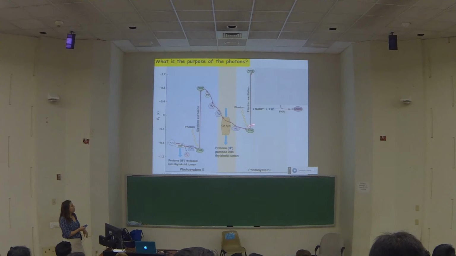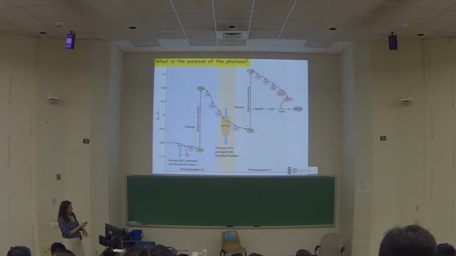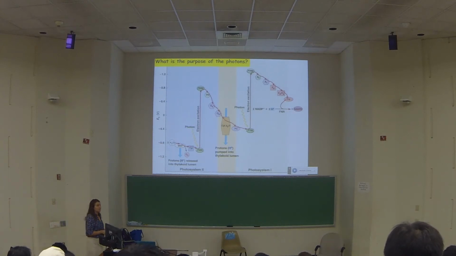In photosystem 1, they pick up more energy from another photon of light to excite those electrons again. Then they're passed through a series of proteins and finally picked up by NADP.